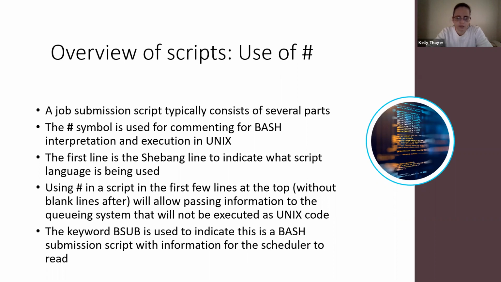So the bsub lines, as we'll see, are going to be telling us information about how to actually configure the job. We also have the pound symbol for indicating the shebang line, which is going to be used in basically any scripting language in the Unix environment. And that is going to be used to indicate what should be interpreting the script that you wrote.